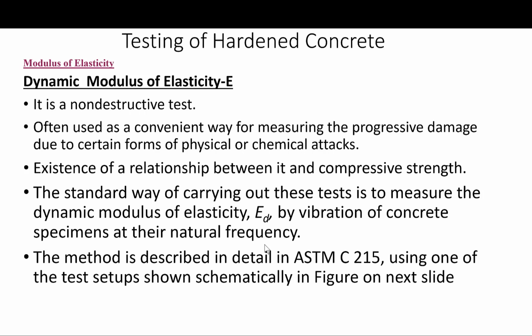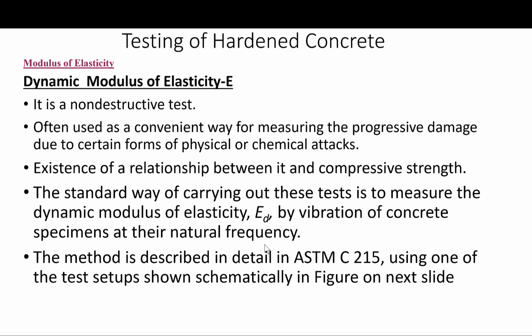The standard way of carrying out these tests is to measure the dynamic modulus of elasticity, referred to as E sub D, by vibration of concrete specimens at their natural frequency.